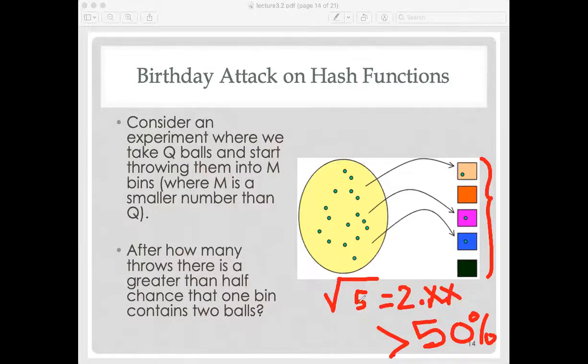If we take this and say I have, let's say, an output that is 128 bits long, meaning I have 2 to the 128 different outcomes, because each bit could be a 1 or a 0. I have 2 to the 128 different boxes.